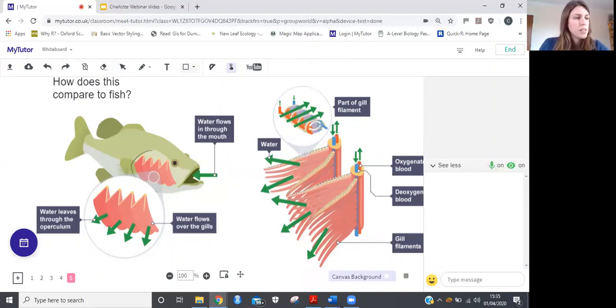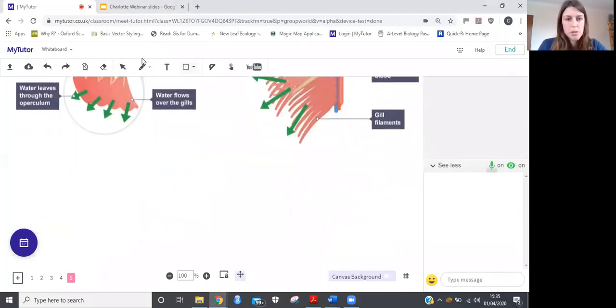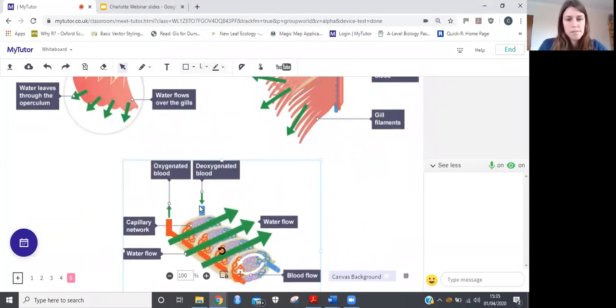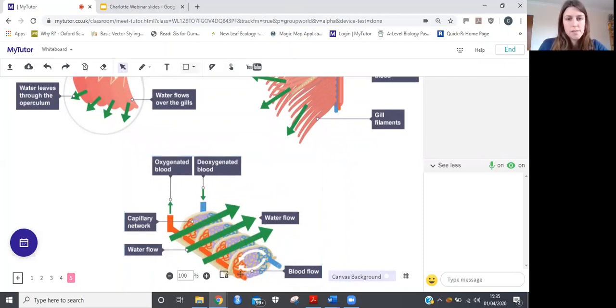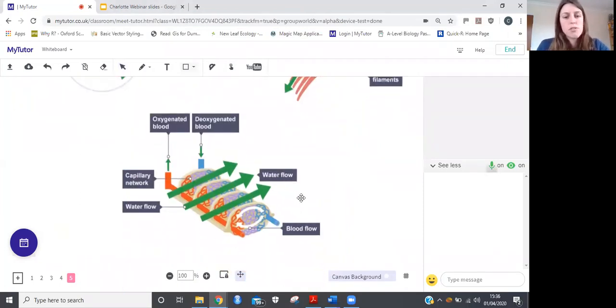If we have a look within one of those filaments, we can see within those filaments now, you've got this capillary network that joins back to that oxygenated and deoxygenated blood that we saw before.